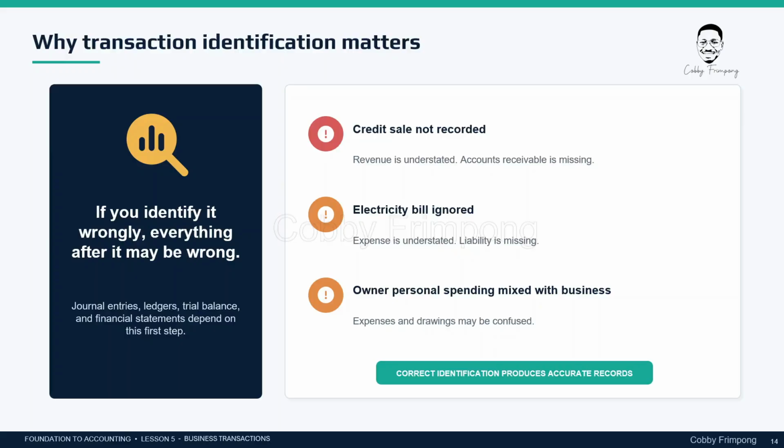A credit sale not recorded will understate revenue and omit accounts receivable. An unpaid electricity bill ignored will understate expenses and liabilities. Owner personal spending from business cash must be recorded properly, or the records may become misleading.